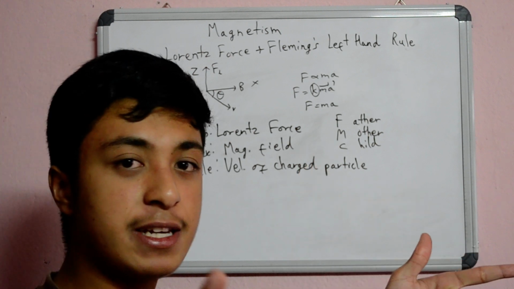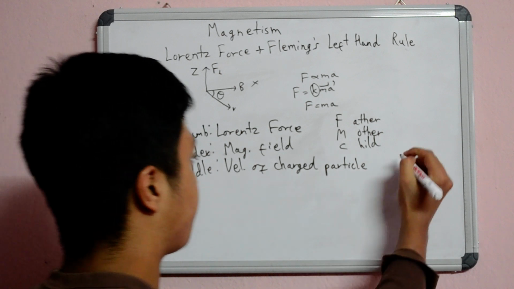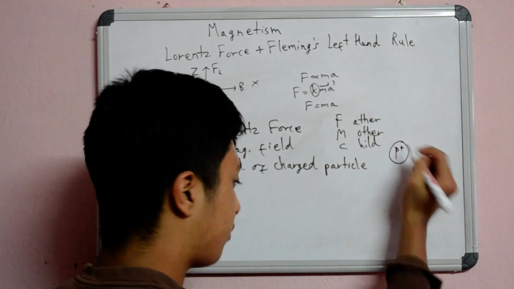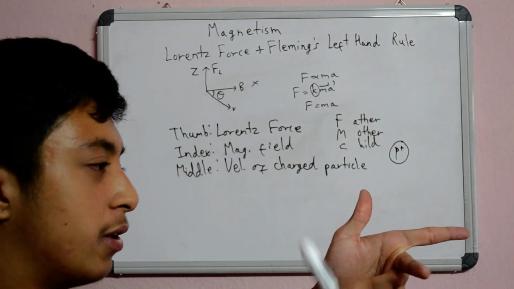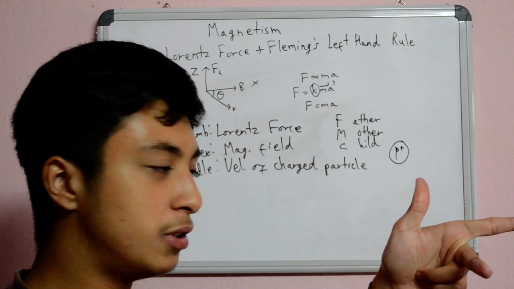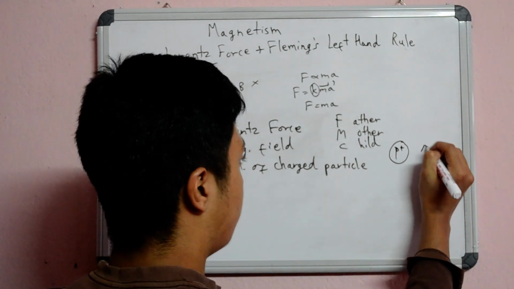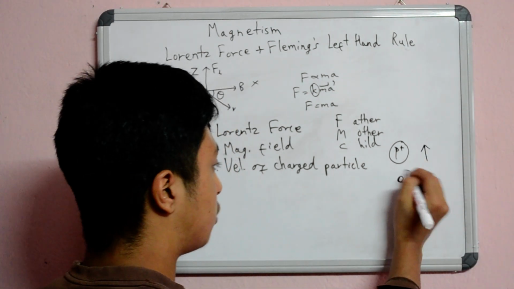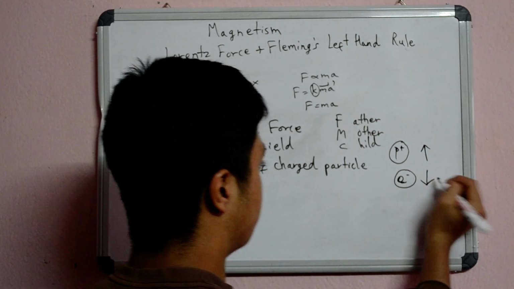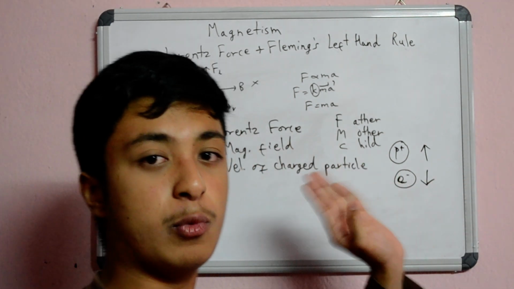But here, let me say this charged particle is a proton. In the case of an electron, the charge is negative, that means the Lorentz force is reversed. So if for proton it goes here, for an electron this moves down here, which is important for the electron chapter in modern physics.